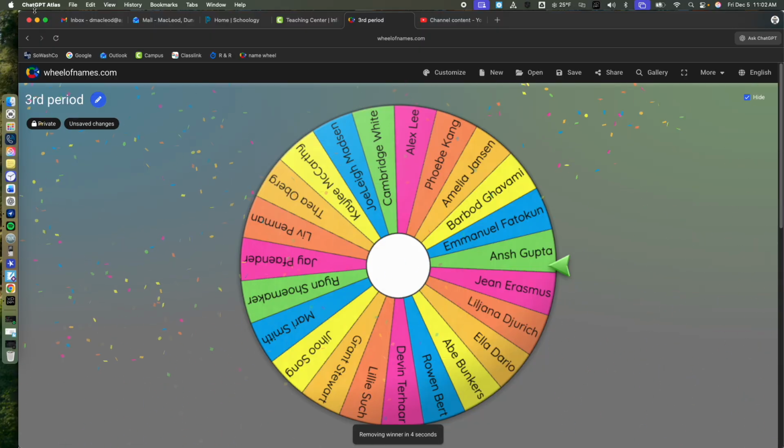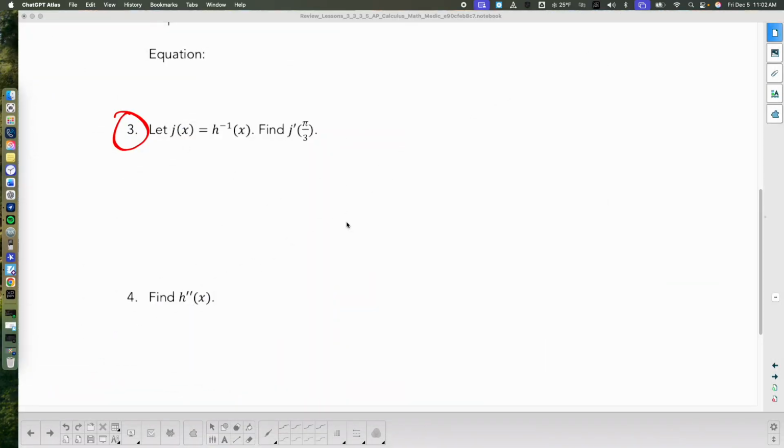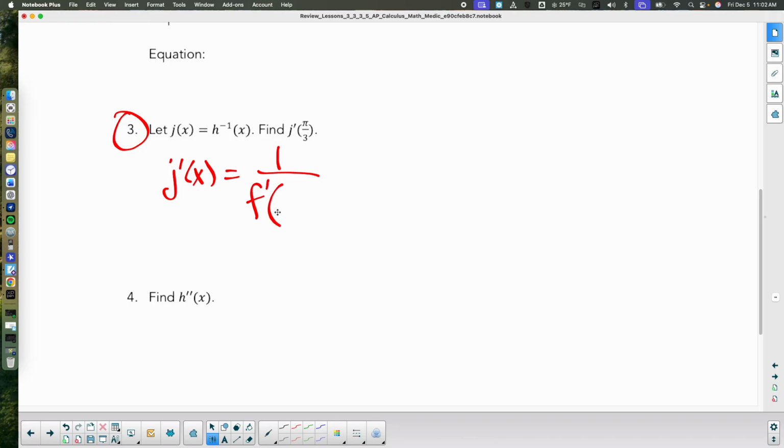I guess my question to you is, do you remember what the formula is for derivative of an inverse? Yeah, it's 1 over f prime. Whoa, wait, you're too fast for me. 1 over f prime of f inverse of x.